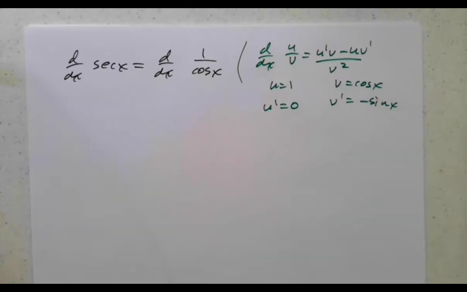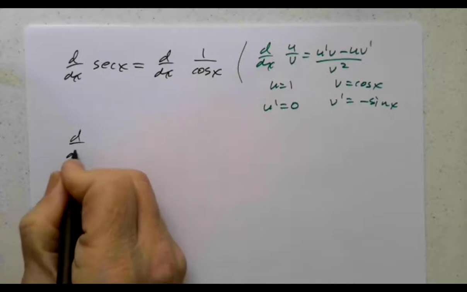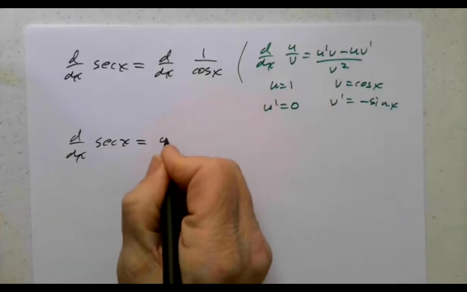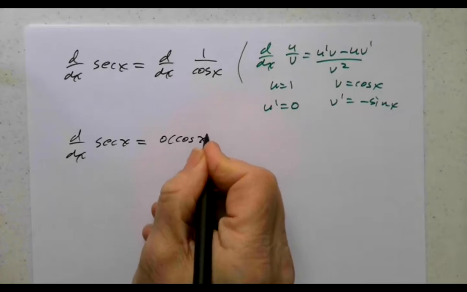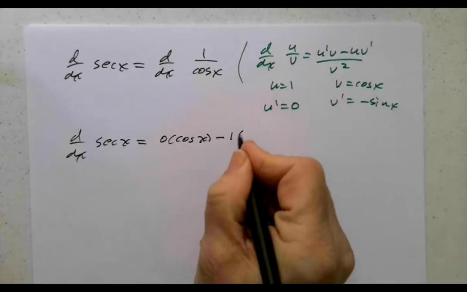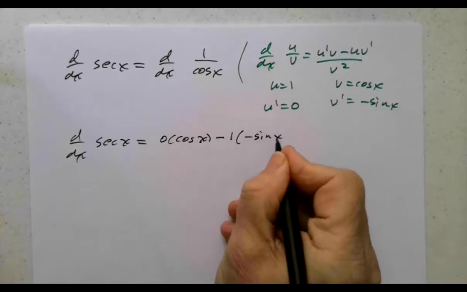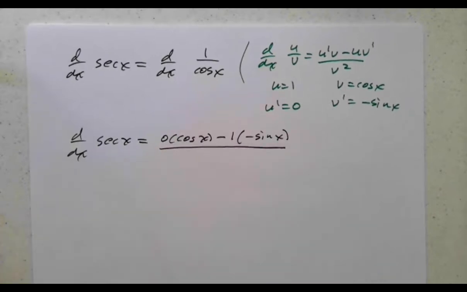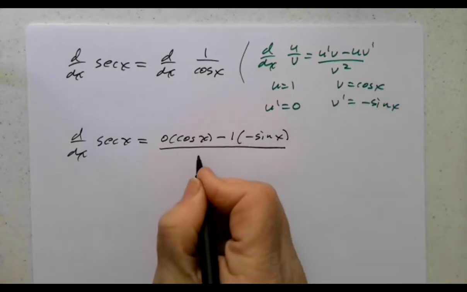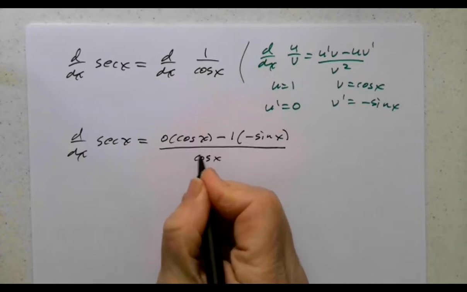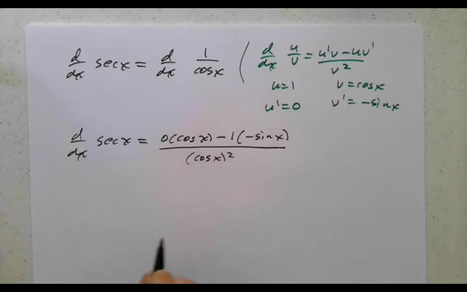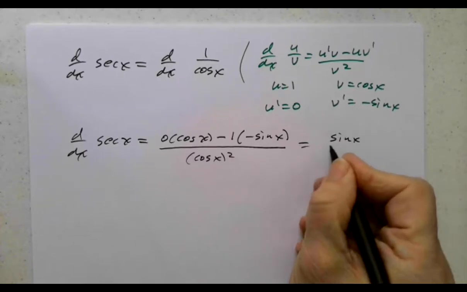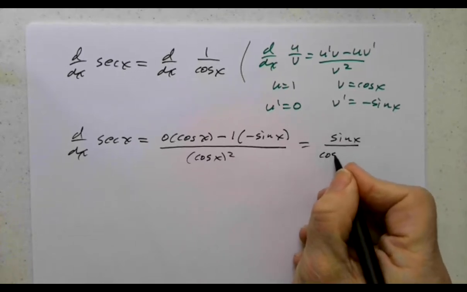We get the derivative of secant x is u prime v, 0 times cos x, minus uv prime, minus 1 times negative sine x, all over v squared, all over cos x squared, which gives me 0 plus 1 sine x. Upstairs, we just have sine x over cos x times cos x.